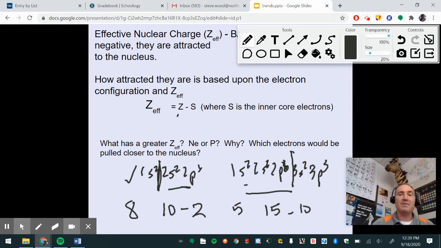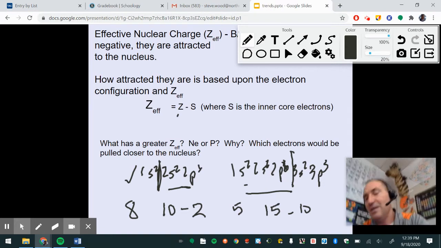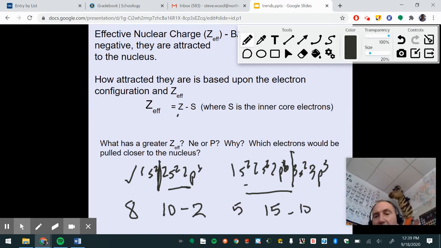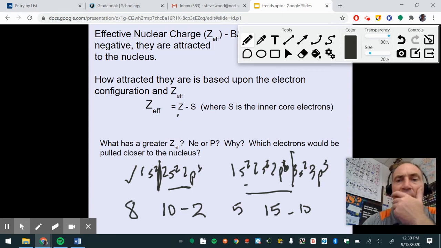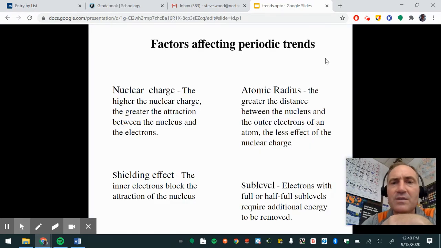Basically, the nucleus becomes better at pulling in electrons because you're adding protons each way through. Okay, so let's keep going. This is good stuff. Effective nuclear charge is basically looking at how effective the nucleus is at drawing electrons in, and a couple factors: the inner core electrons and how many protons are in the nucleus. Okay, this is so much fun.